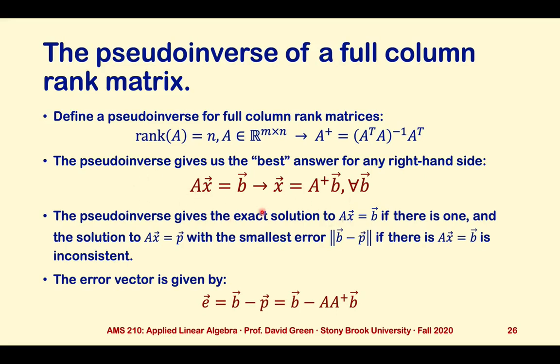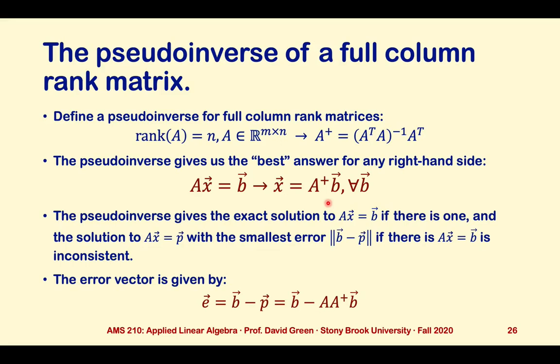So when there is an exact solution, this gives it to us. And when there is not an exact solution, this gives us the solution to Ax equals p that has the smallest error in the right-hand side. So one result can give us both the exact solution when one exists and the approximate solution when one doesn't exist. This might be worrying.